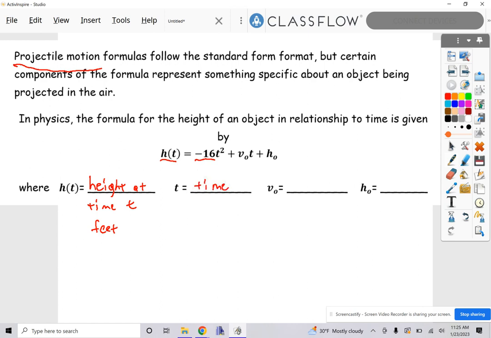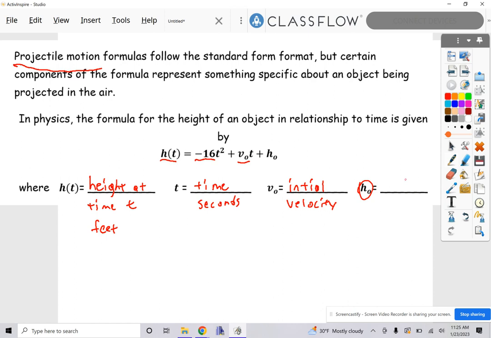T is time, typically written in seconds, and for these problems it will be. V naught is the initial or starting velocity. Okay, so if it's a positive number, we're throwing something up. If it's a negative number, we're throwing something down.